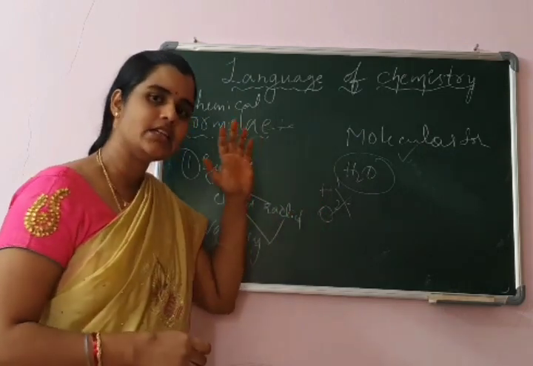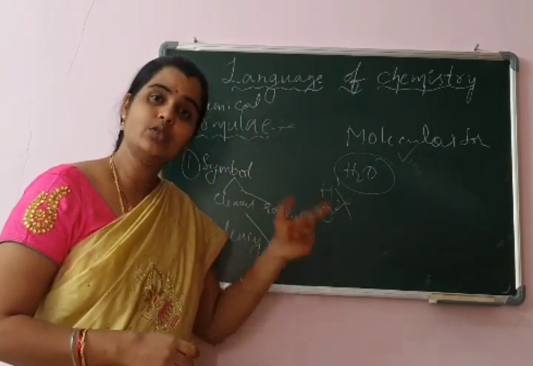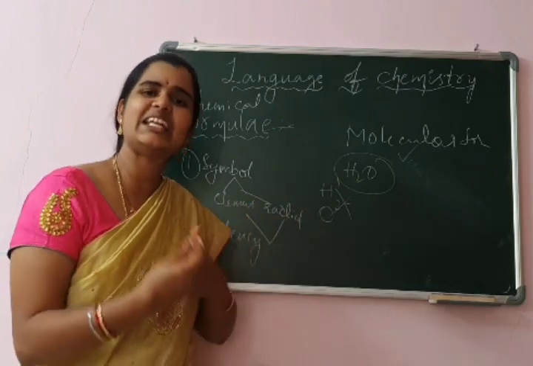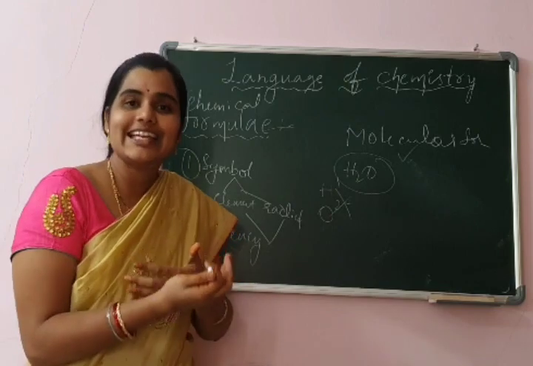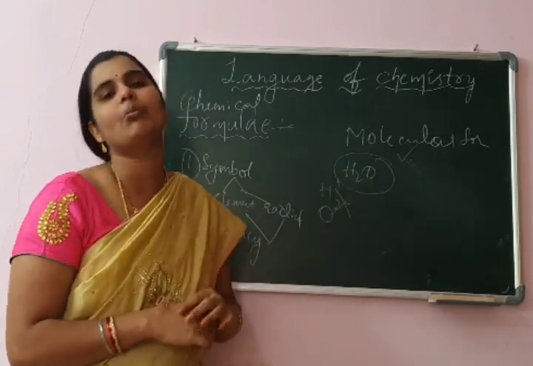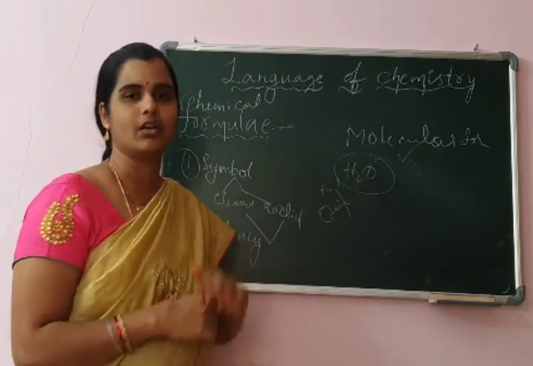The symbolic representation of a molecule gives us the number of atoms of each element present in the molecule. Let us consider the water molecule.